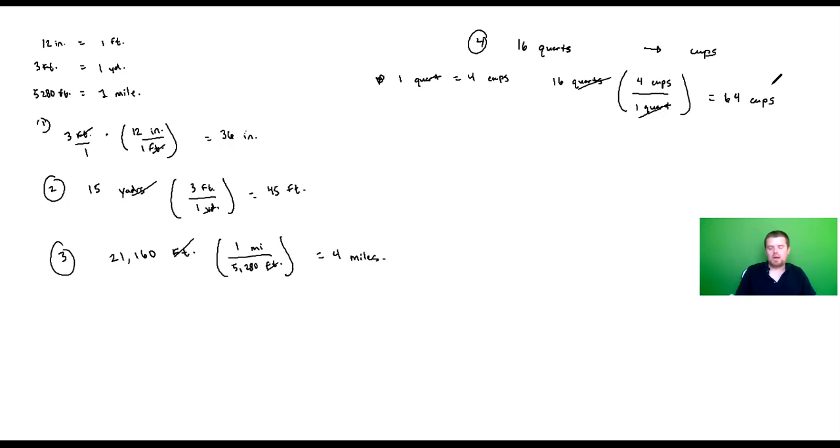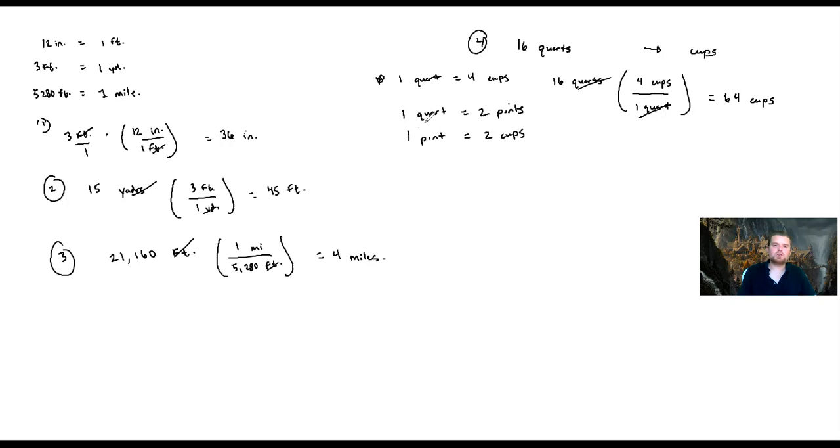But let's say I didn't know that. Let's say I didn't have that information, but I can look here and say, well, 1 quart is 2 pints, and 1 pint is 2 cups. You can still get the same answer, but if you don't have that direct conversion rate, then you're going to have to take 2 steps to convert from first quarts to pints, and then from pints to cups. So I would take my 16 quarts. I would multiply it by the conversion rate, 2 pints to a quart.